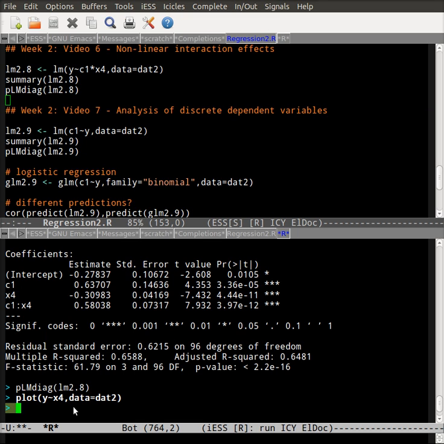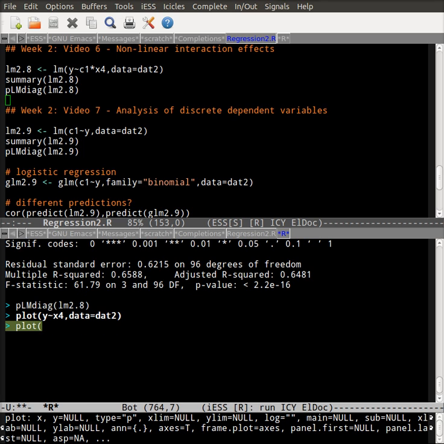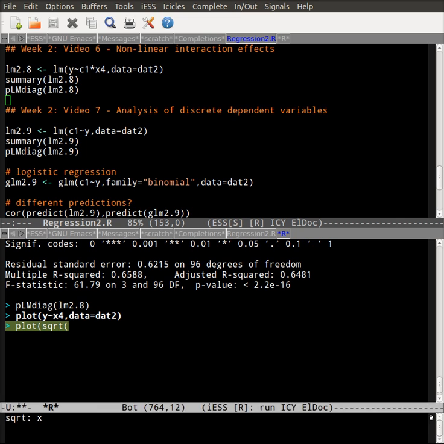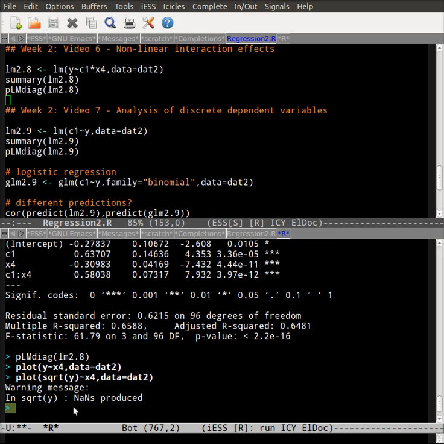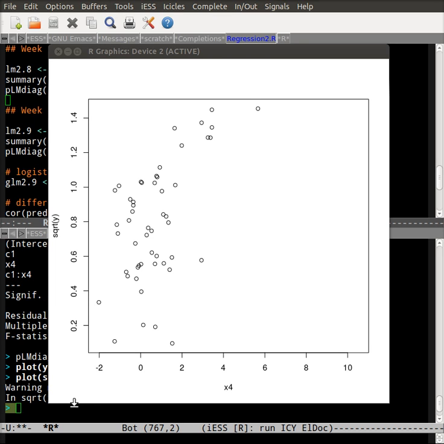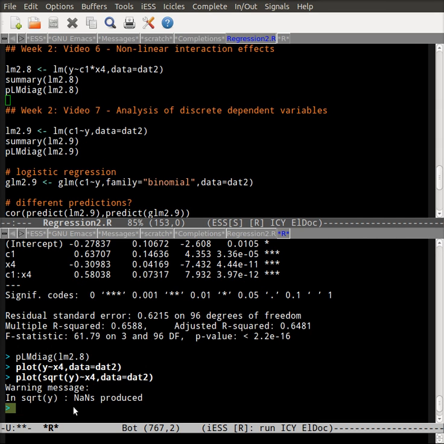And what I should have done is, if I do this, let's see what happens here. Whoops. Oh, right. Because y has 0 values. All right, well, we can square those things later.